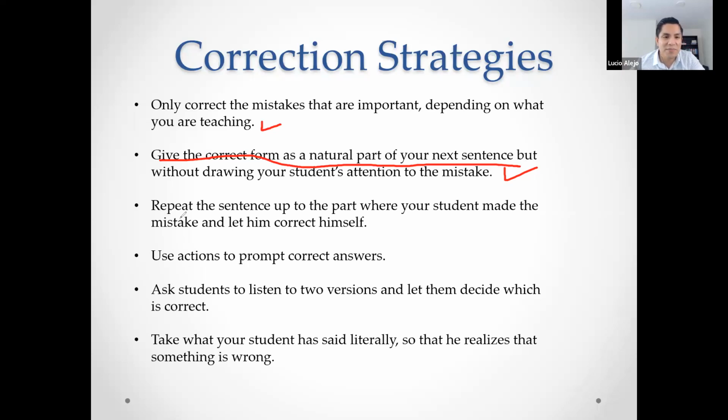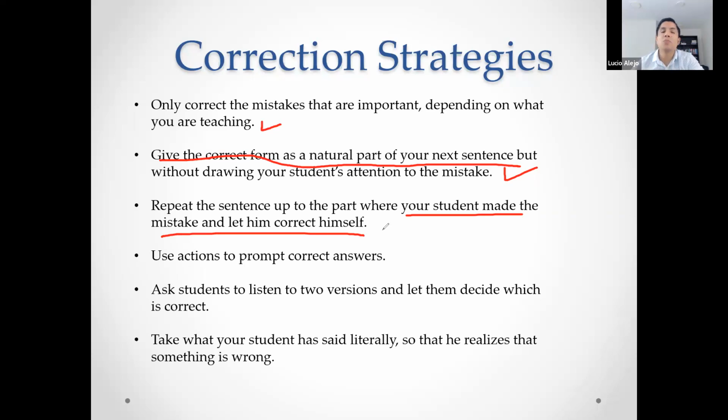Okay, the next one. Repeat the sentence up to the part where your student made the mistake and let him correct himself. Yes, so here, for example, you can use exaggeration. Using the same example that I showed you before, you can say something like, you go to Piura?